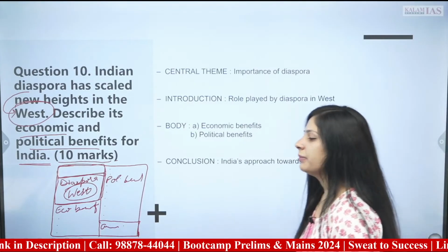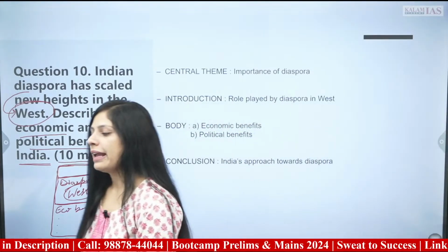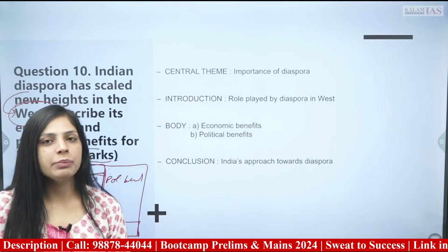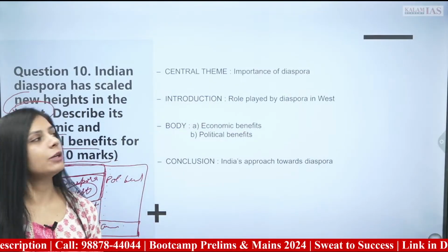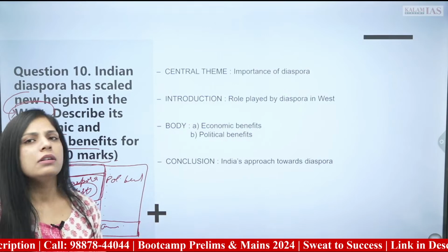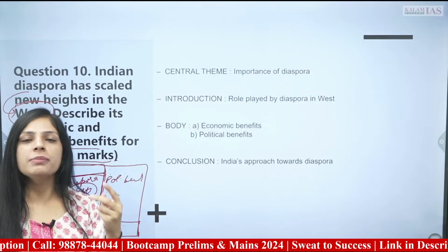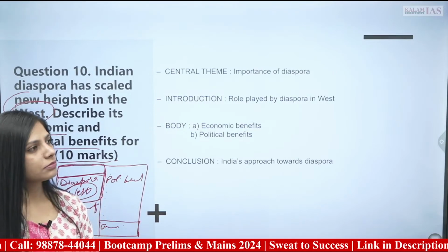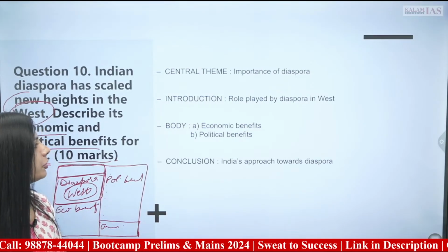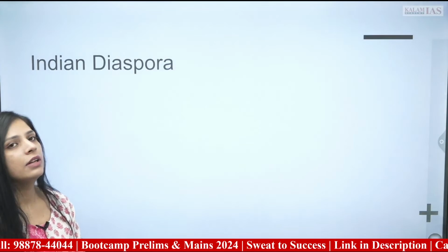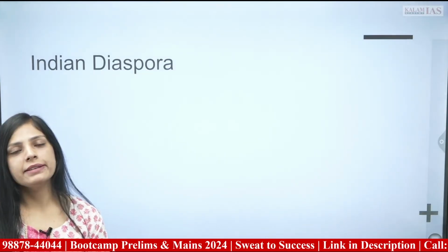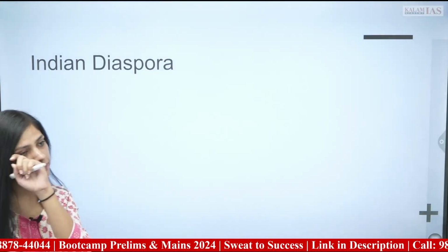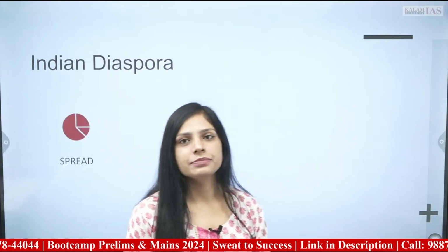Since this question is about diaspora, and as I said, it can be a low hanging fruit since a direct question, a direct subject topic from the syllabus is given and very direct questions have been asked till now. So for this also you can take a framework for how you can prepare the diaspora, right?